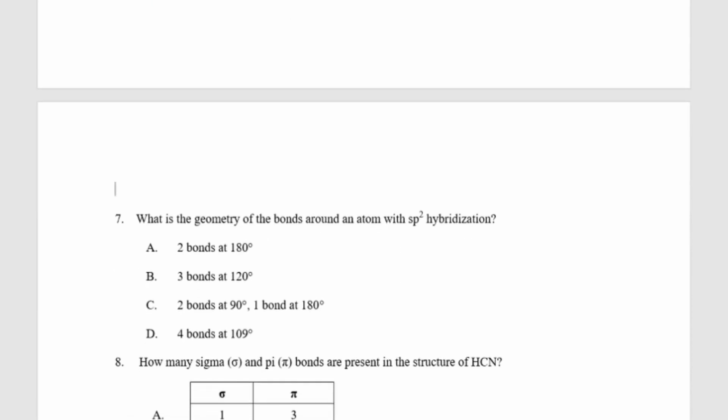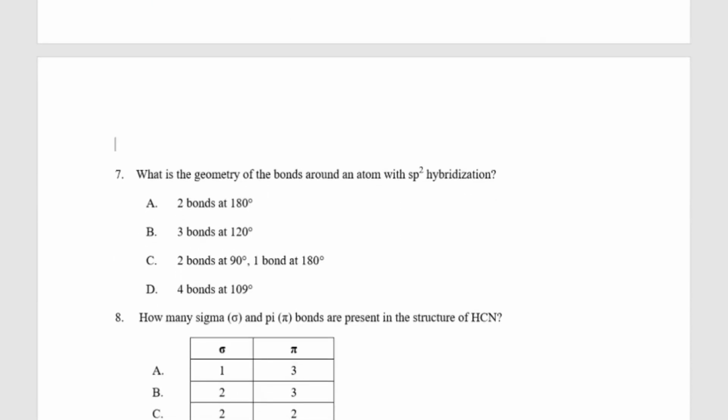Question 7 says, what is the geometry of the bonds around an atom with sp2 hybridization? So to find the hybridization of an atom, you have to count the electron domains and then subtract one as we saw earlier. So that means the atom will be bonded to three atoms since it's sp2 hybridized.